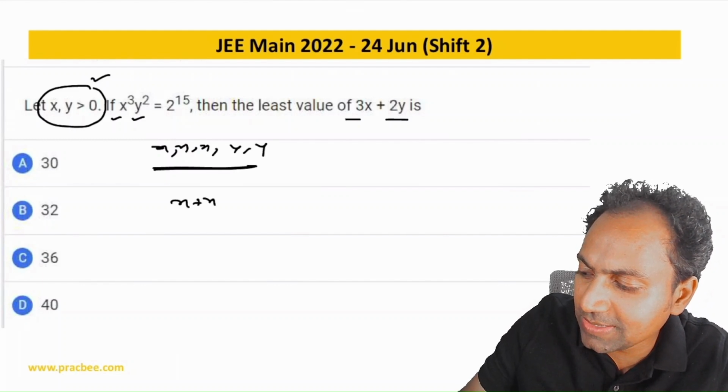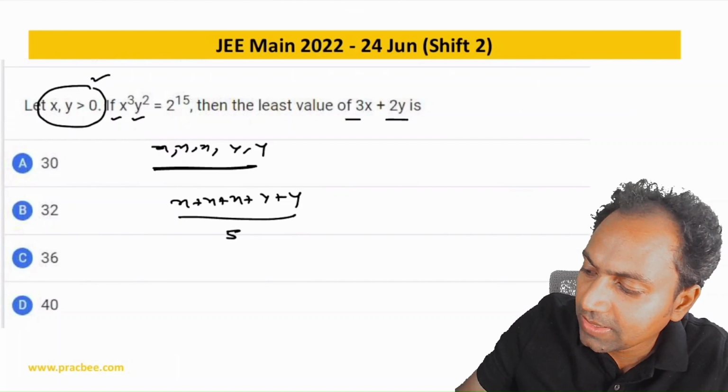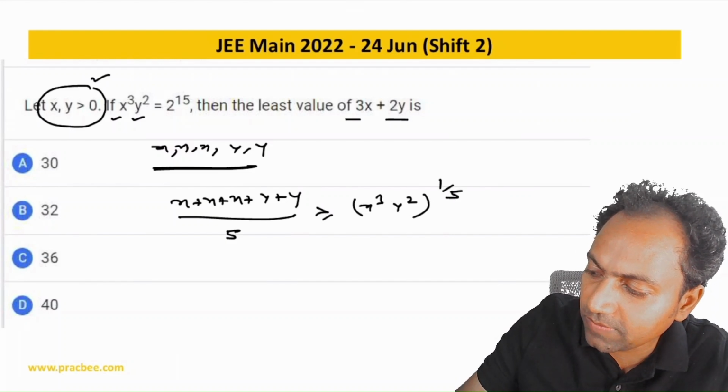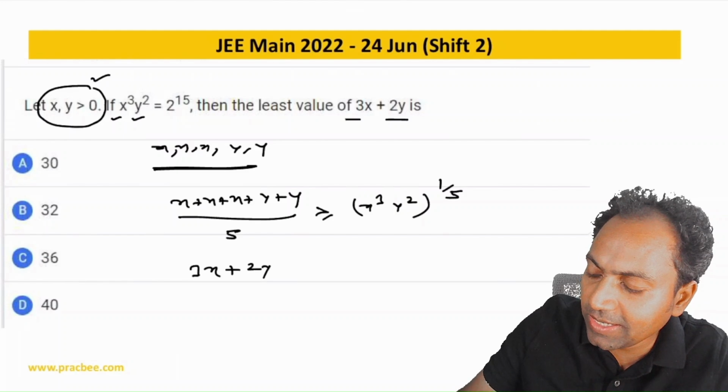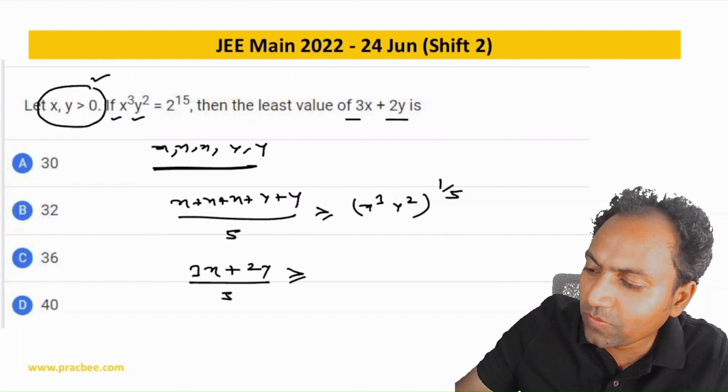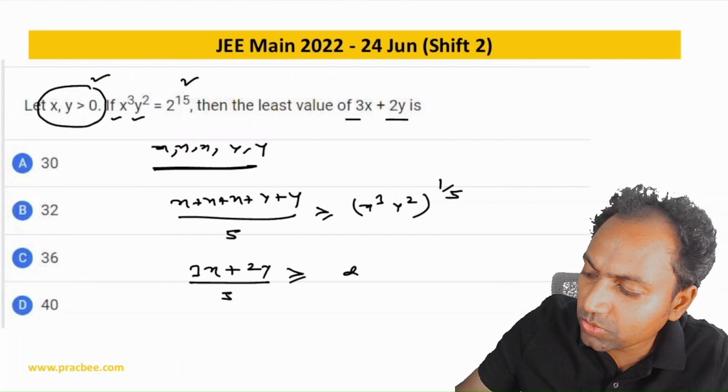So (x plus x plus x plus y plus y) by 5 is greater than or equal to (x cube y square) raised to the power 1 by 5. If I look at my left hand side, it is (3x plus 2y) by 5 is greater than or equal to x cube y square, whose value they have given in the question as 2 raised to the power 15.